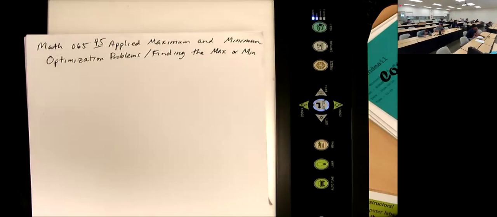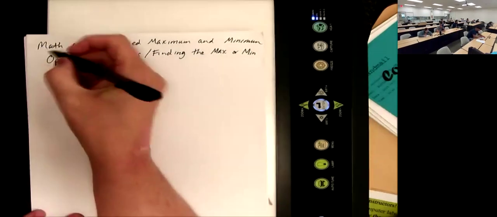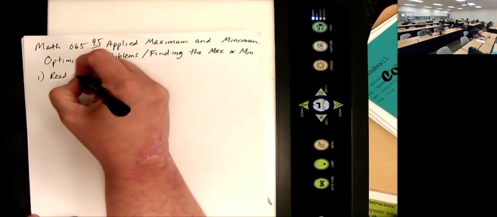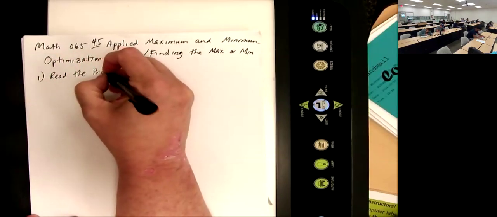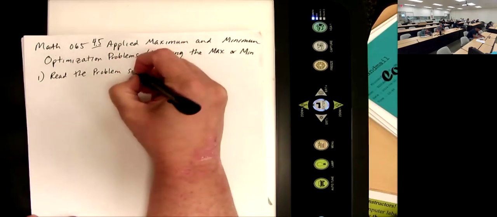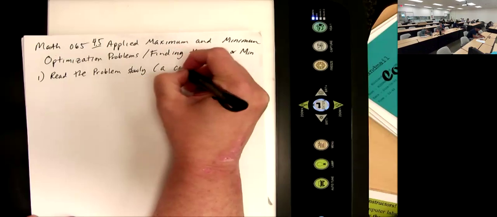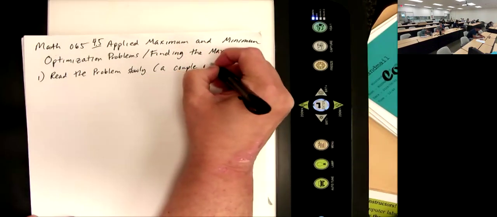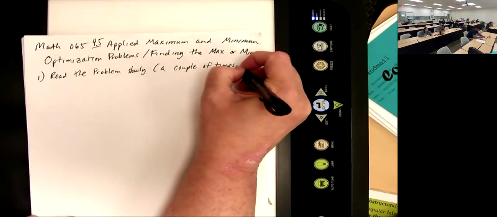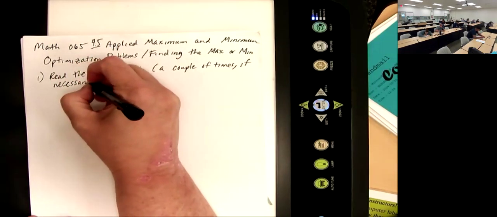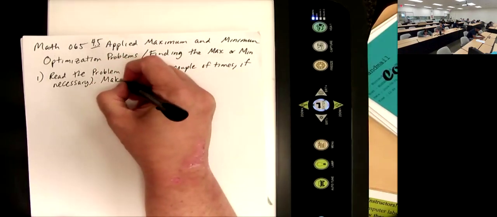Finding the max and min. Alright, so some basic guidelines: read the problem. Maybe slowly, a couple times if necessary. Make sure you know what it's asking.